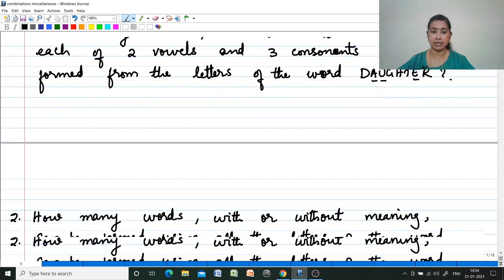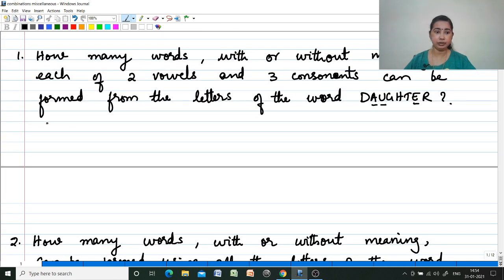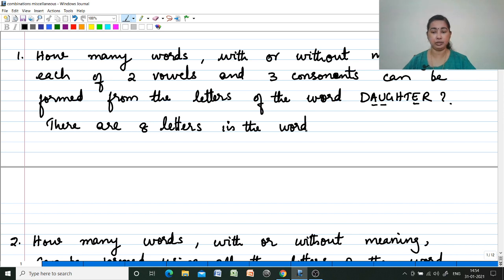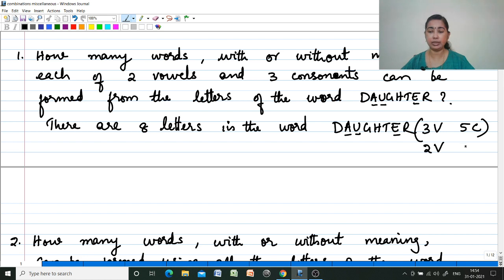So, there are 8 letters in the word DAUGHTER, and 3 vowels and 5 consonants are there, and we have to select 2 vowels and 3 consonants.